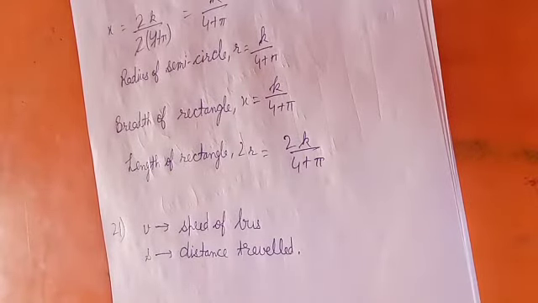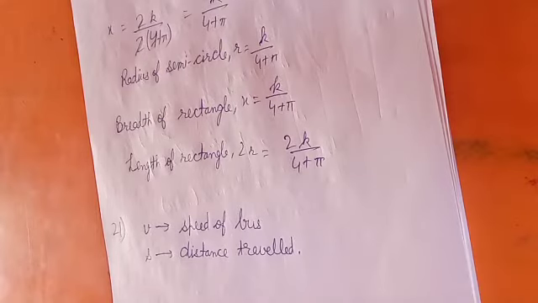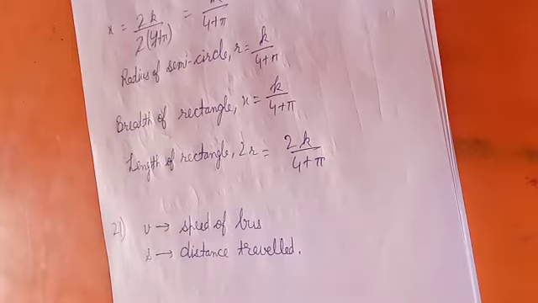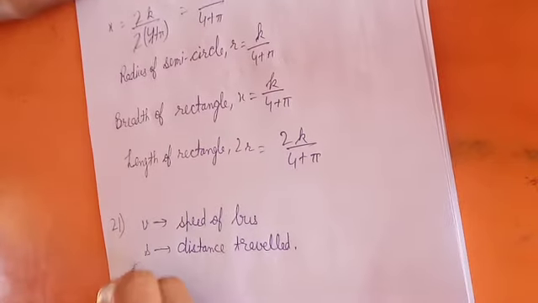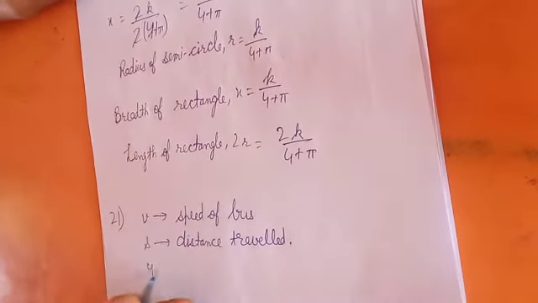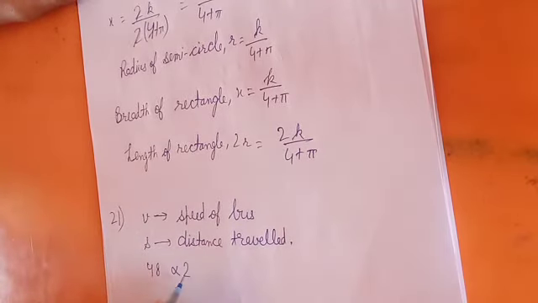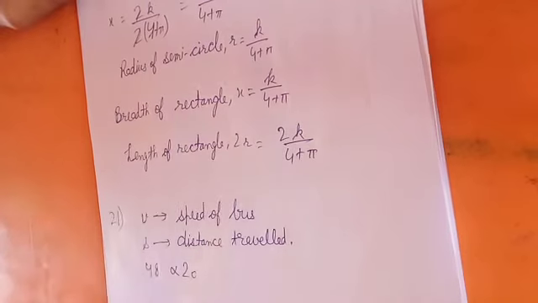Further, the question says it costs rupees 48 per hour when the bus is moving at the rate of 20 km per hour. Okay. So it says that 48 is proportional to 20 km per hour.